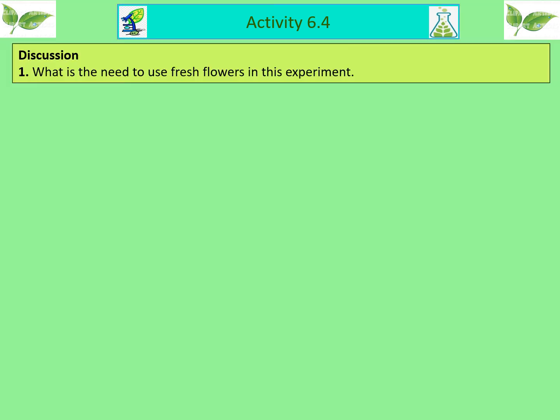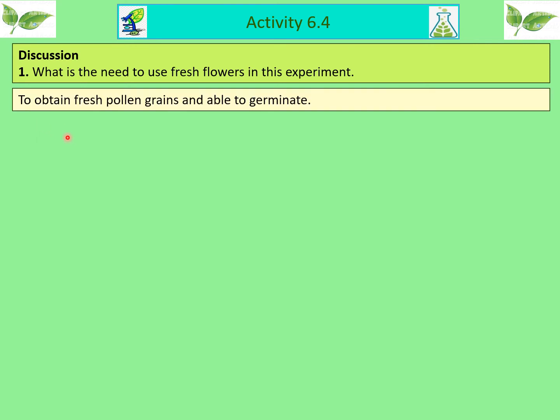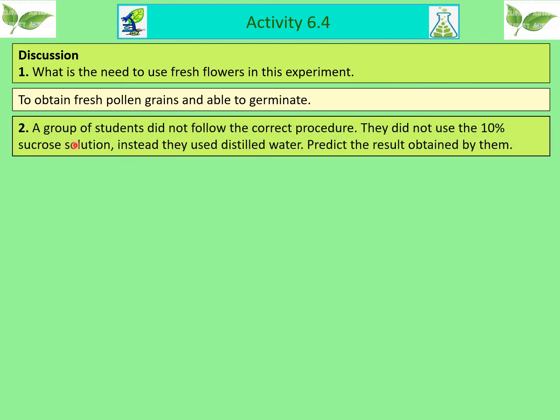Discussion question number 1. What is the need to use fresh flowers in this experiment? If we use fresh flowers, we obtain fresh pollen grains so that the germination process can occur faster. Number 2, a group of students did not follow the correct procedure. They did not use the 10% sucrose solution.